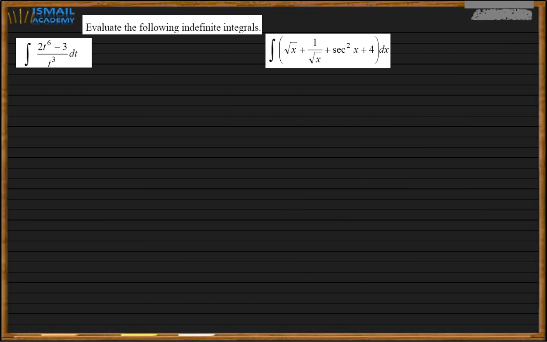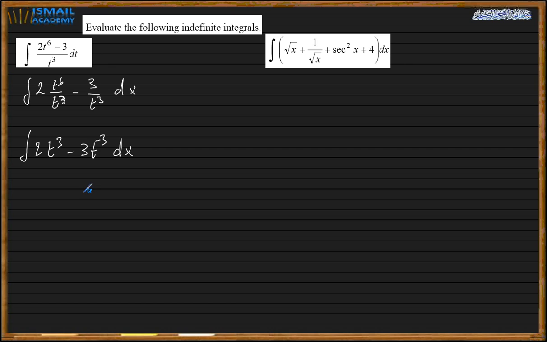Alright, for the next question, they ask me to integrate. When you have this type of integral with one common denominator, what you do is just spread the denominator. So it's going to be 2 over t cubed minus 3 over t cubed dt. So simplify: 2t to the minus 3 minus 3t to the minus 3 dt.